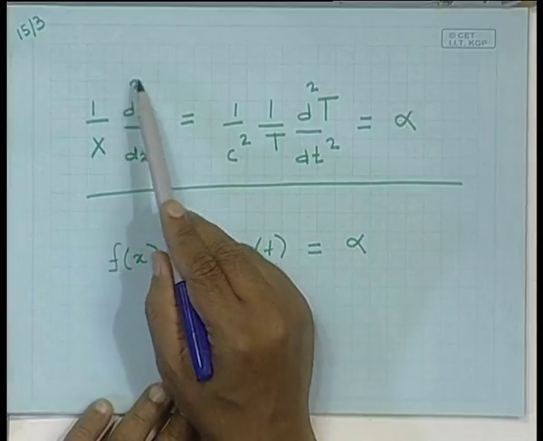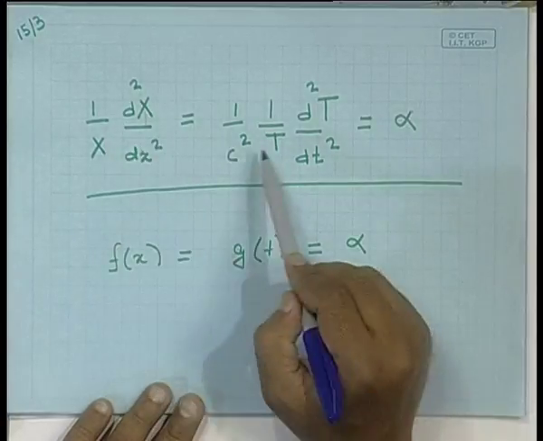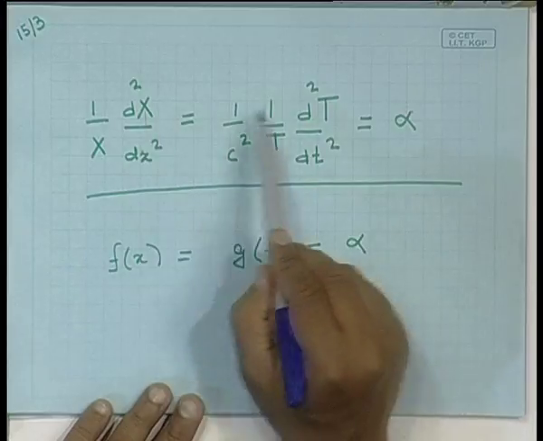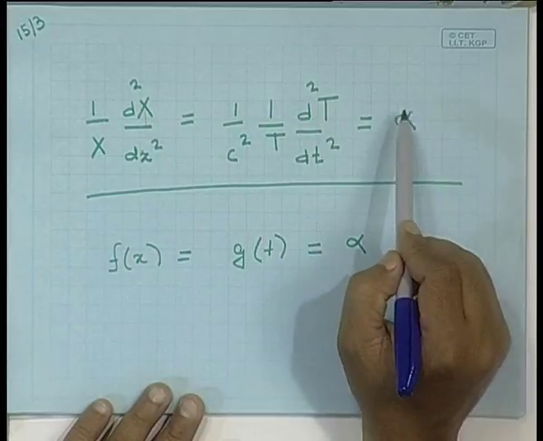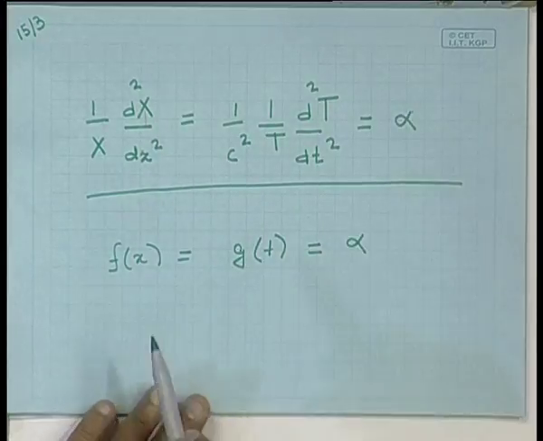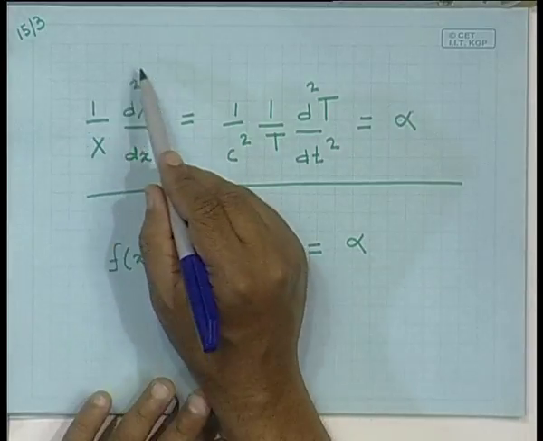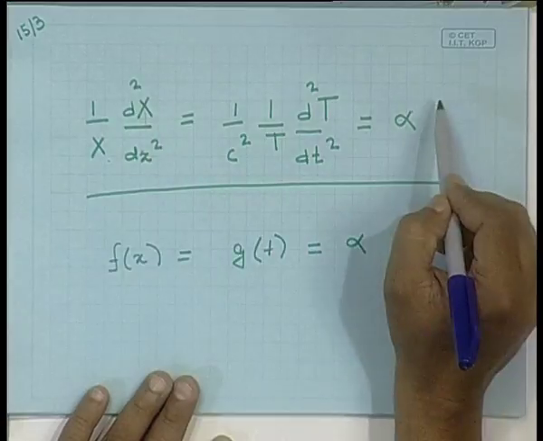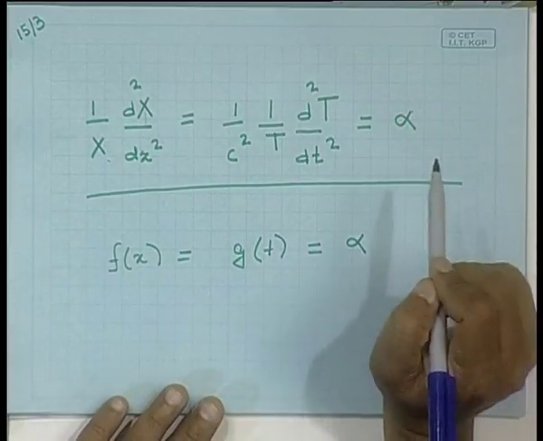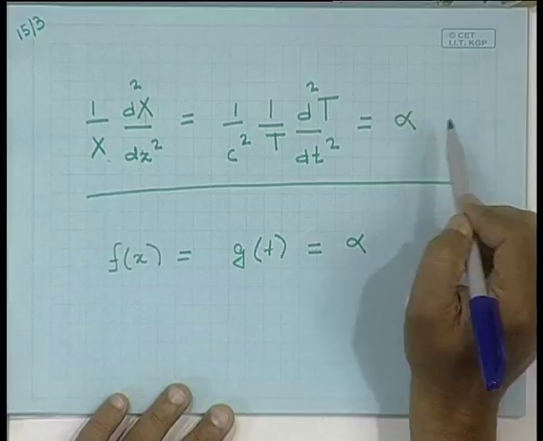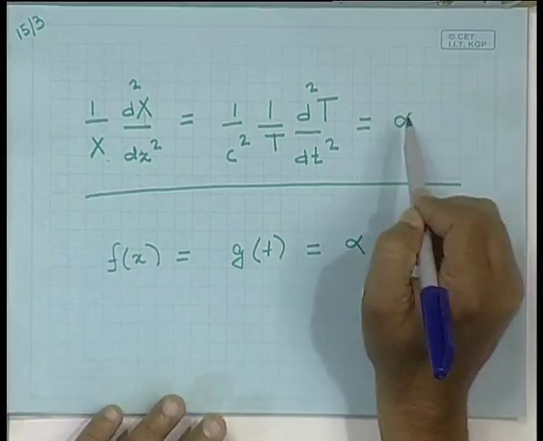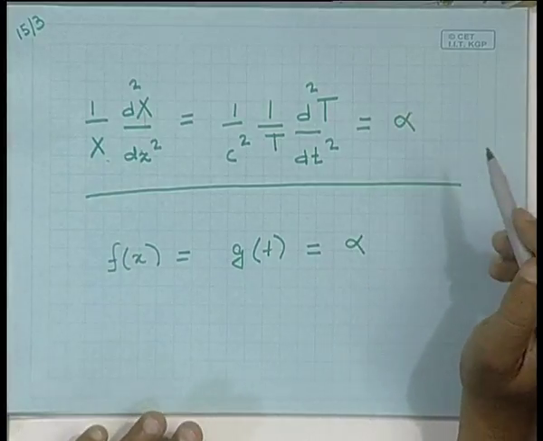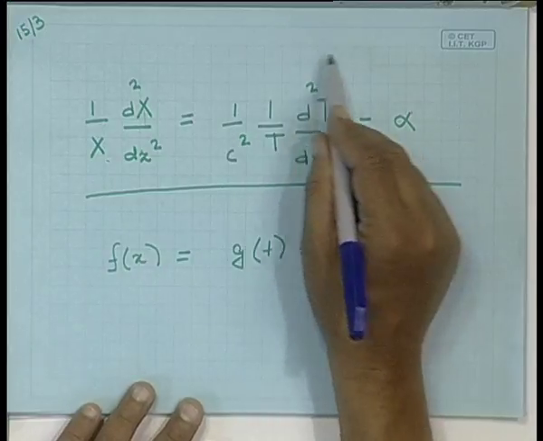The term on the left is a function of x, the term on the right is a function of time, and they are both equal. So they have to be separately equal to a constant. We have solved the equation where this is equal to a constant, and the constant we saw has to be negative, so we wrote it as minus k square, and we found that k has to be a multiple of pi by L. Now, let us see what that implies for the time part.